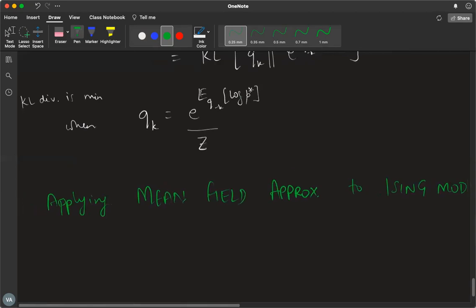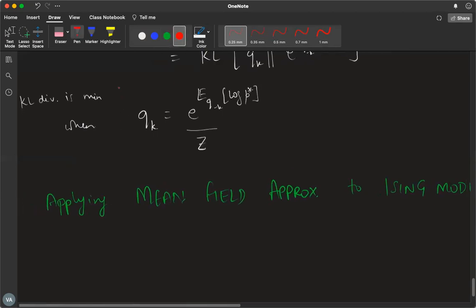So basically, let's highlight that this is the final result of all my approximation efforts. And this has to be done for all k. Basically, you have to do it one by one in a coordinate descent fashion.